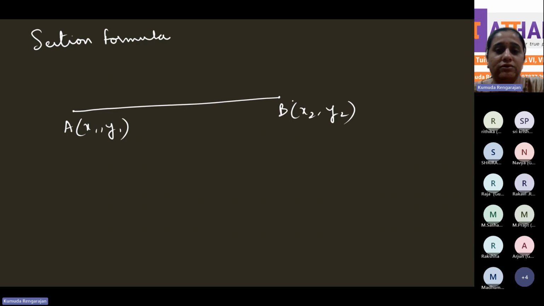When you connect the 2 points, A given by x1, y1 and B given by x2, y2, you have the line segment AB. Now let's say there's a point P on the line segment AB, which divides AB in the ratio m:n. Sometimes it's called m1:m2. It's the same. So the ratio can be m1:m2 or m:n.